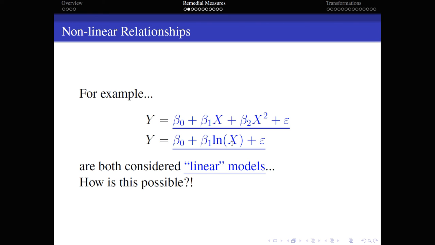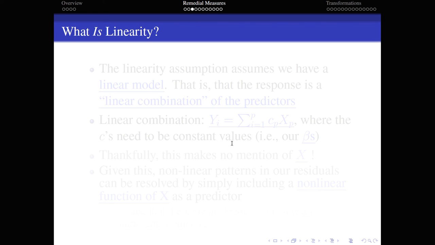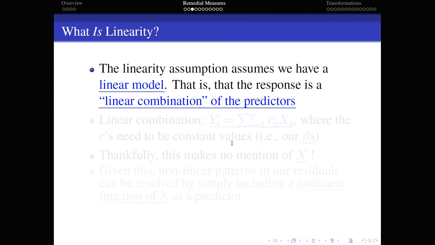So how is this possible? Well, first we have to understand what we mean when we're talking about linearity and the linearity assumption. The linearity assumption makes the assumption that we have a linear model, not a linear relationship, and that's the core component. A linear model means statistically that the model is a linear combination of the predictors.